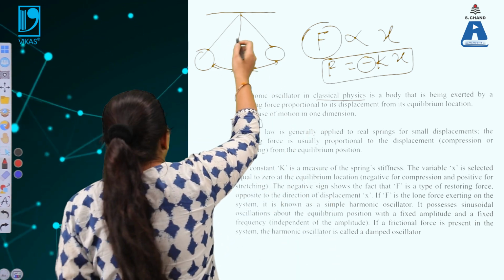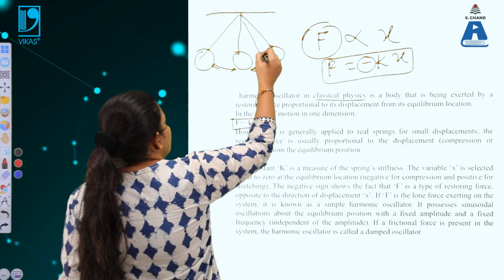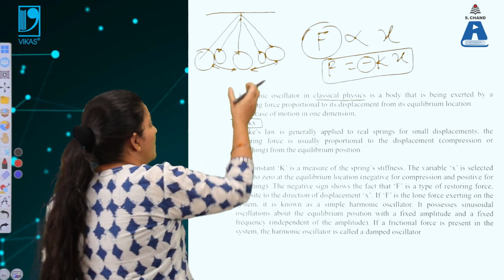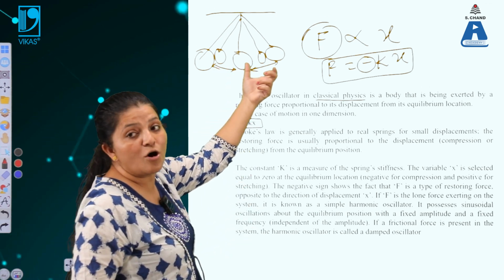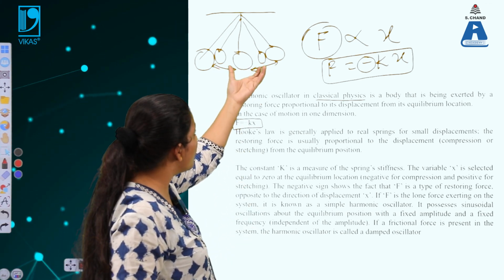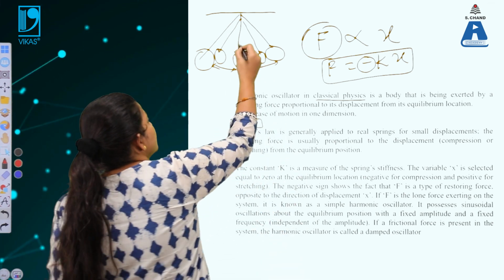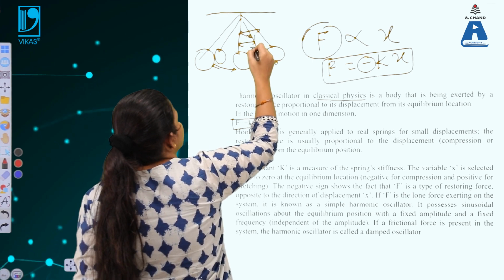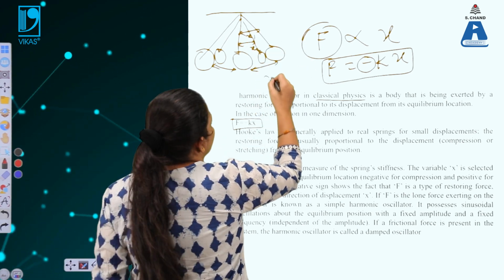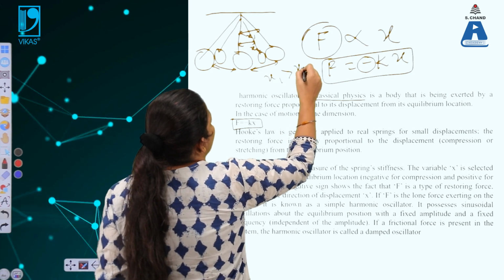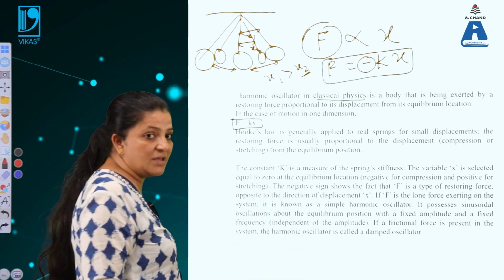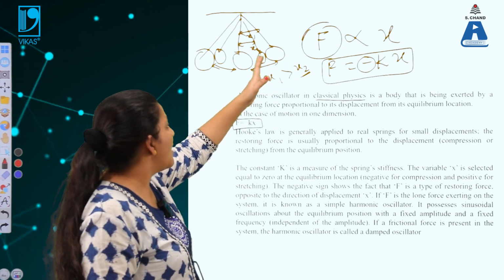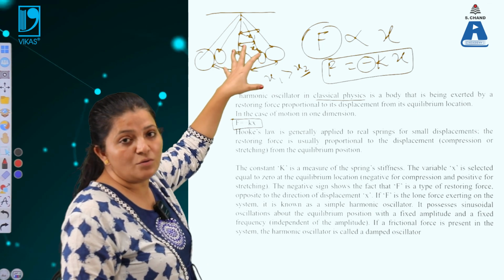After some time, its displacement becomes small, because the force acts in the opposite direction. If this is x1 and that is x2, then after some time x1 is always greater than x2, meaning the displacement continuously decreases. Due to this decrease in displacement, after some time the body comes to rest.